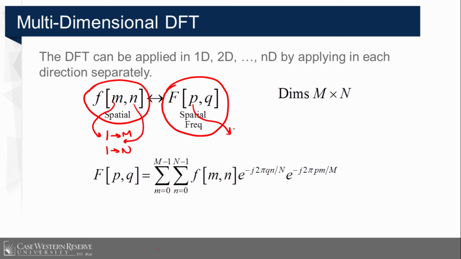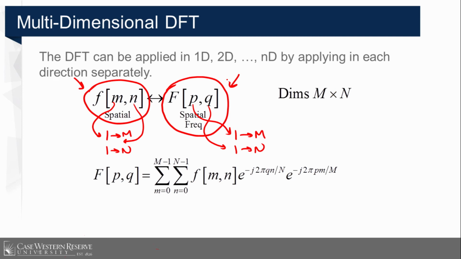So P will again run from 1 to capital M, and Q runs from 1 to capital N. And so it makes sense that we're converting a 2D image into a representation in the frequency domain, but we're not changing the dimensionality because we know that when we apply a DFT, we're not losing or adding information, right? So it makes sense that what's happening in this domain is the same as what's happening in that domain. It's just a different way of representing our information.